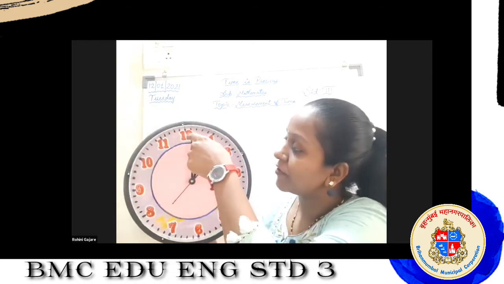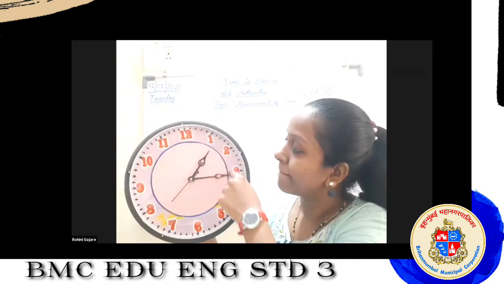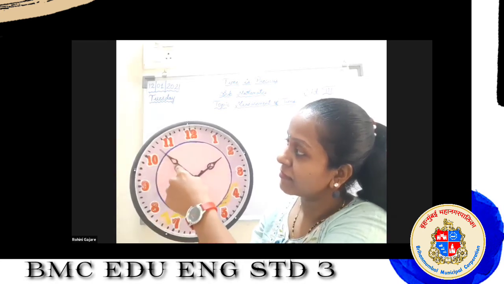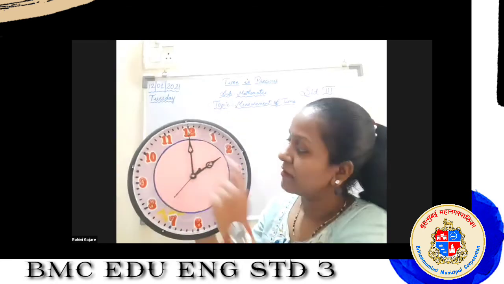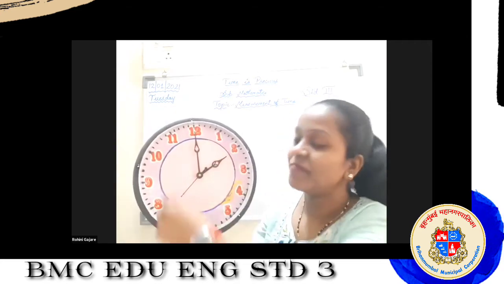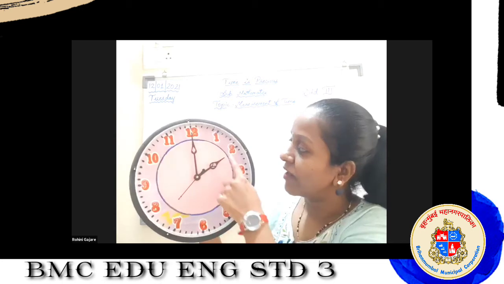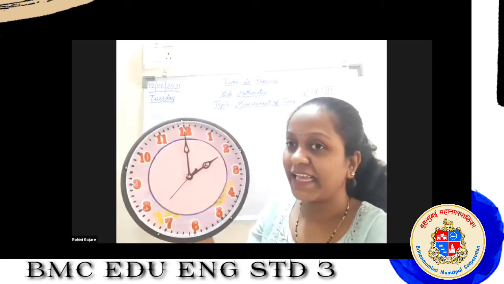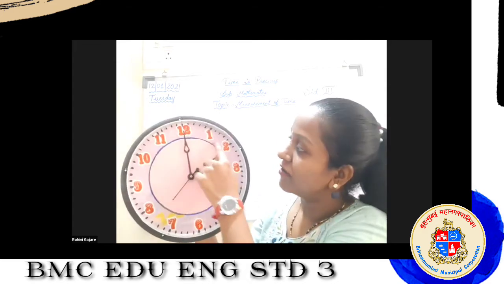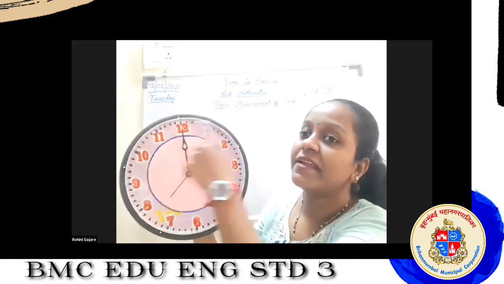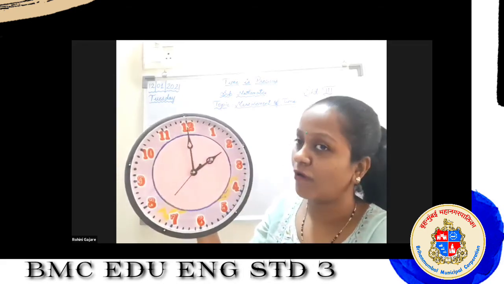Now, again, we are going to rotate. Again, it takes one complete round, 60 minutes, 1 hour. So, again, after 1, it's 2 o'clock. Yes, very good. It takes 1 hour to complete a round.